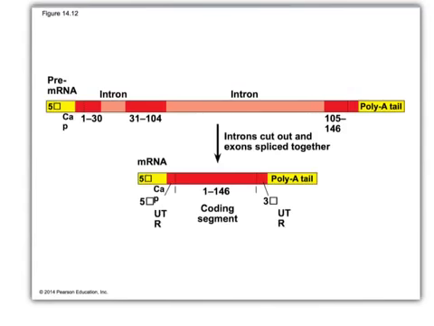So here's a good representation of splicing. The dark red are your introns. Your exons are the important parts. So you have 1 to 30, 31 to 104, 105 to 146. Those are the base pairs from the coding sequence of your RNA. We want to remove those introns. So a cell has developed very specific ways that recognize these intron boundaries.